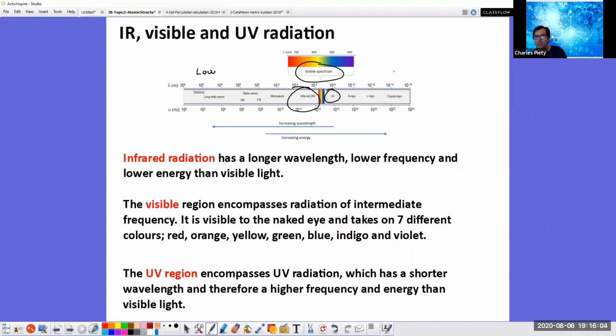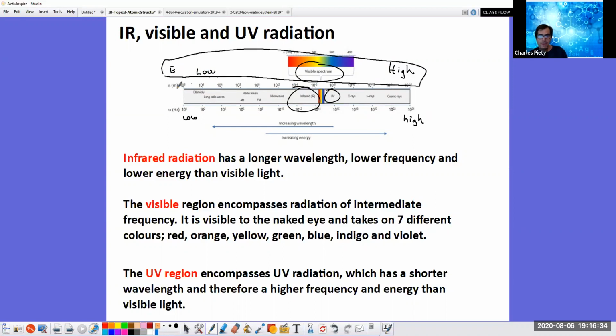So there's low and there's high. And that will also help us when we talk about frequency, because this will be low frequency right here and high frequency. And for wavelength, now this is energy that I did right here at the beginning.